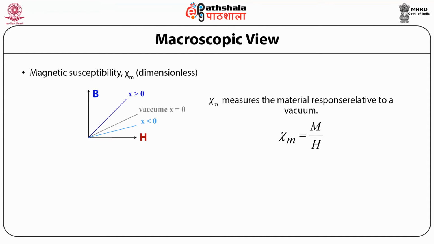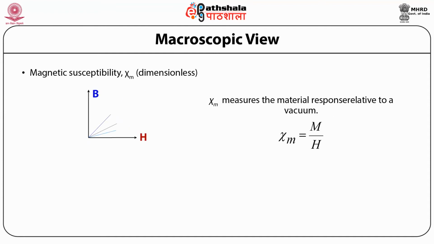Materials with positive susceptibilities can either be paramagnetic, ferromagnetic, or ferrimagnetic. Susceptibility is positive but very small for paramagnetic materials and can be very large for ferro and ferrimagnetic materials.